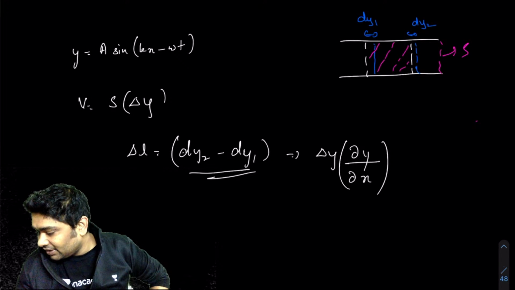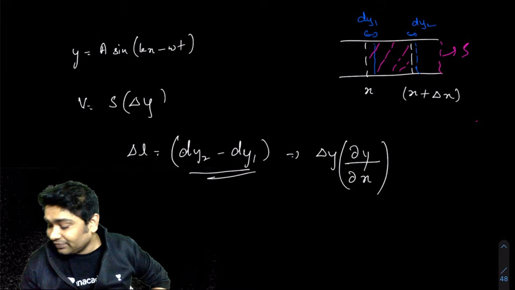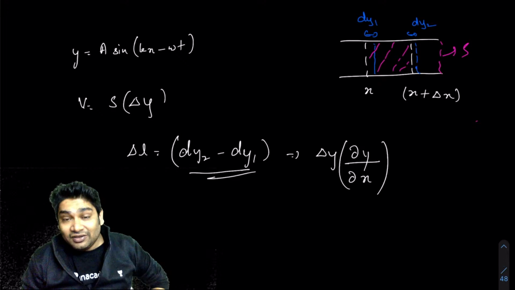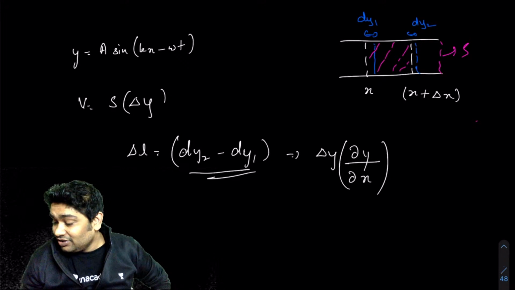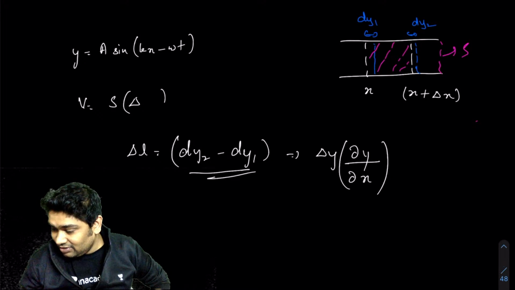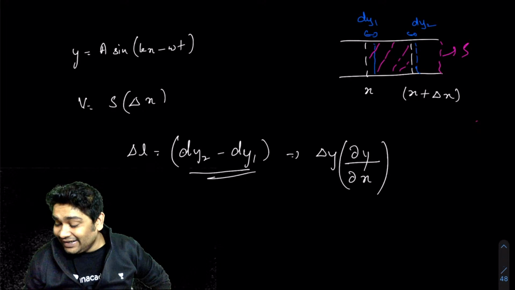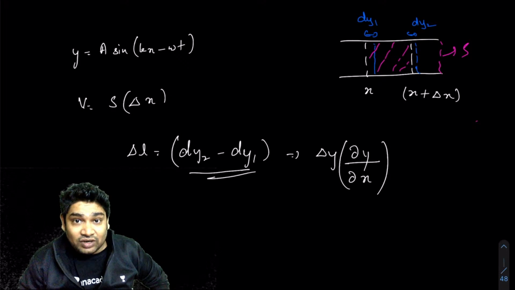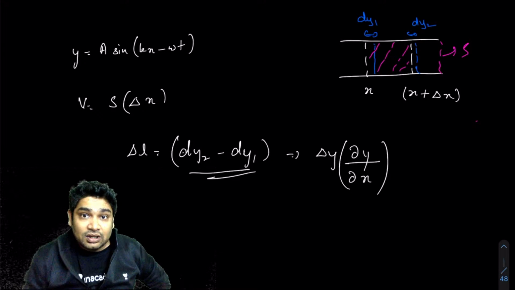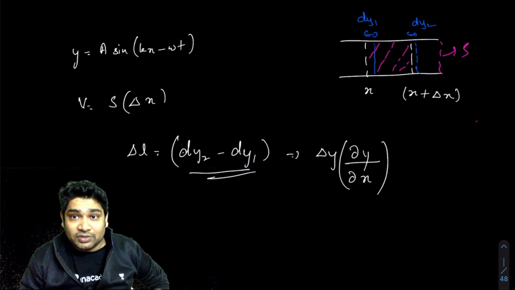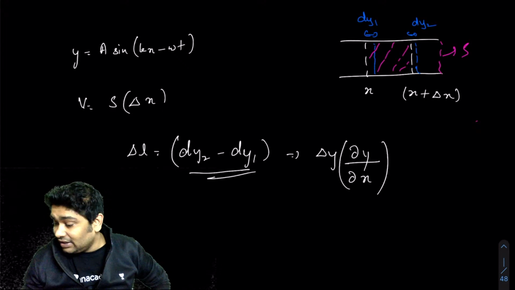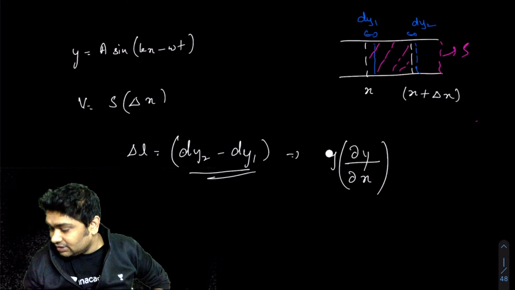This is a particle at x and x plus delta x, because x represents the position, y represents the displacement. So the initial volume would have been S delta x, and finally the change in length would have been the displacement of the second particle minus the displacement of the first particle, and that can be written as this.